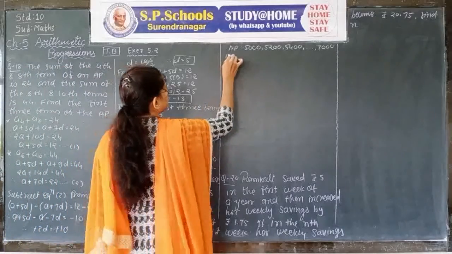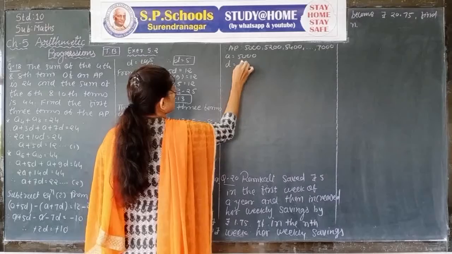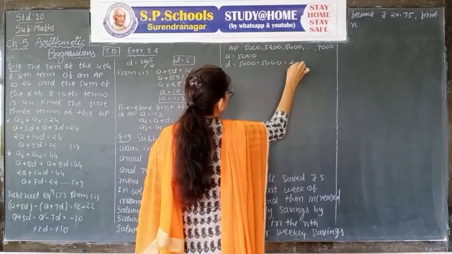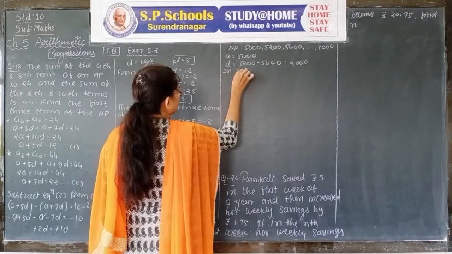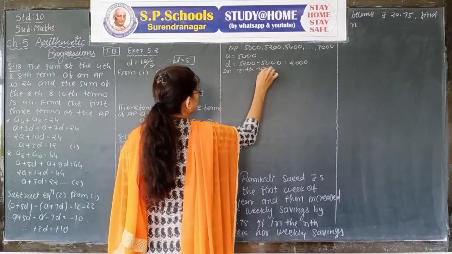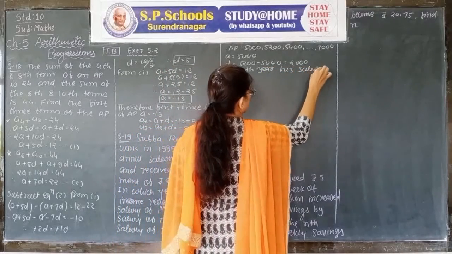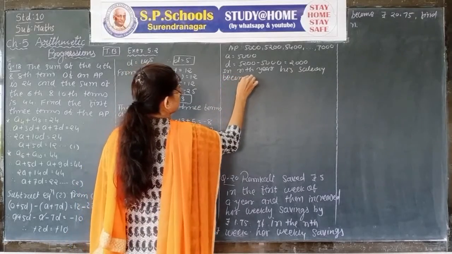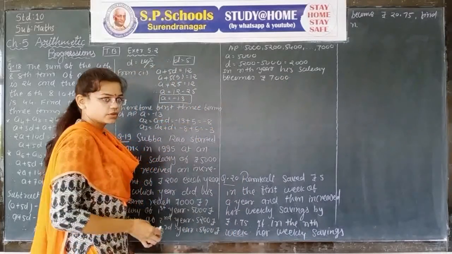The first term a is equal to 5,000. Common difference d is equal to 5,200 minus 5,000, which is equal to 200 rupees. In the nth year, his salary becomes rupees 7,000.